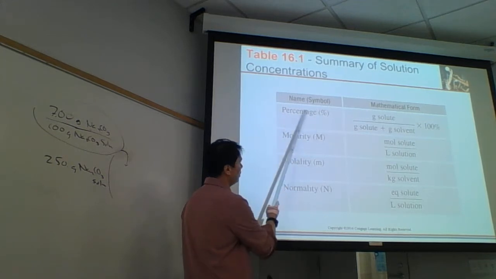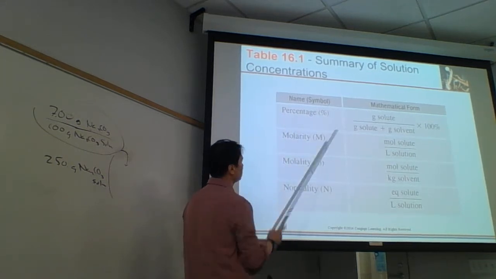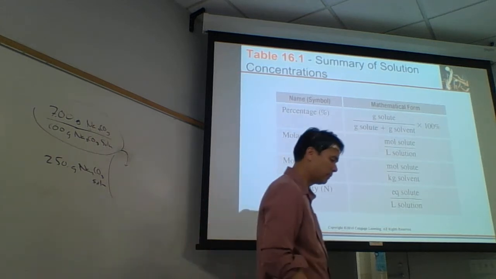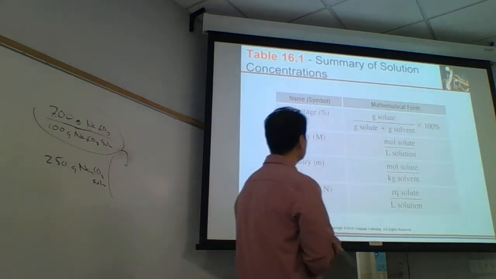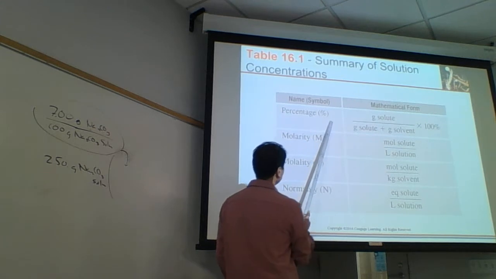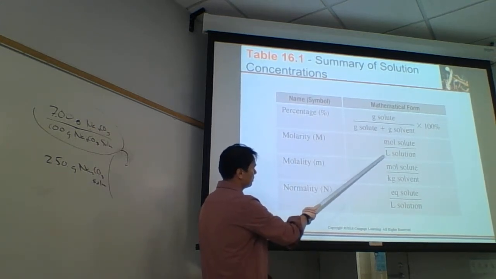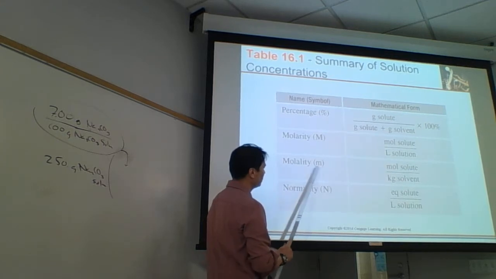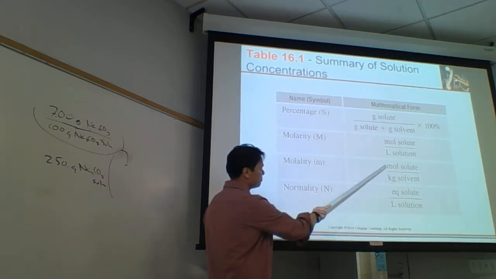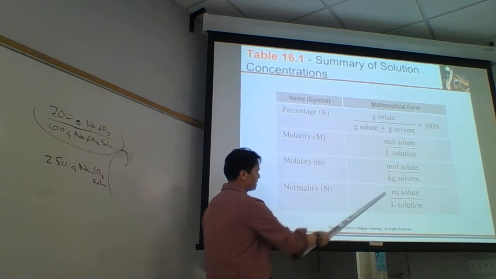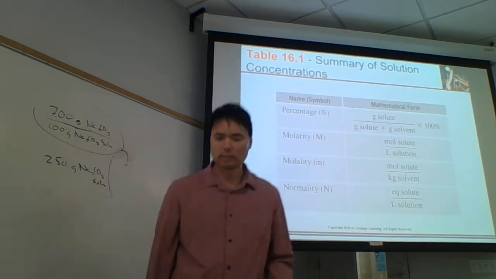Those are all mass ratios. If we've got a small mass ratio, we might want to use ppm or ppb. If we've got a big mass ratio, we'll use a percentage. We have molarity, defined as moles of solute per liter of solution, and we have molality, the little m, defined as moles of solute per kilogram of solvent.